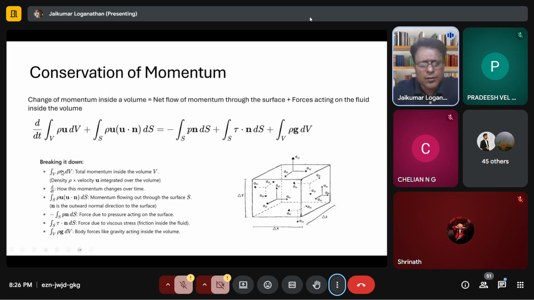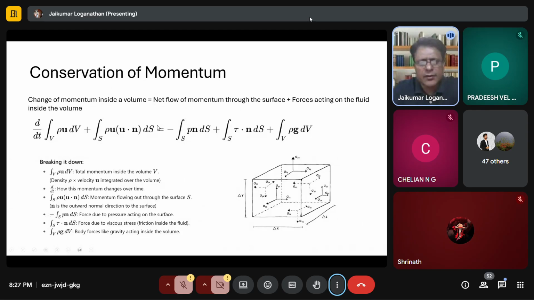So if you just go through this definition that is given here, it's nothing but Newton's law of motion, right? It says that change of momentum inside a fluid is because of the momentum that is convected through the surfaces, along with the pressure and the shear stress acting on it, right? If you just look at the Navier-Stokes equation, you can say there are like five terms. This is the unsteady term, we usually call the unsteady momentum change.